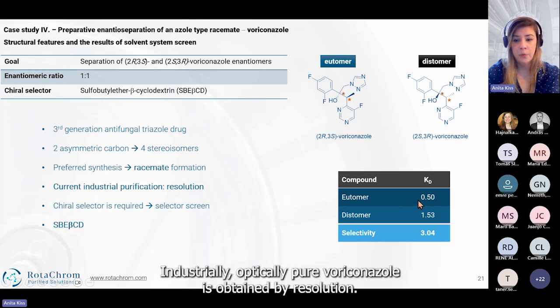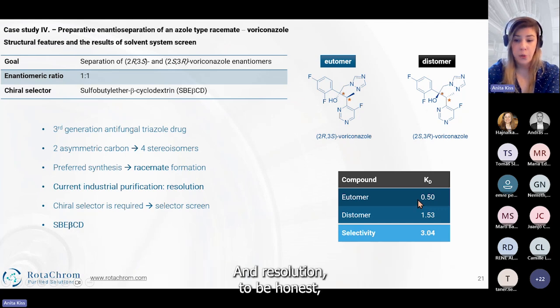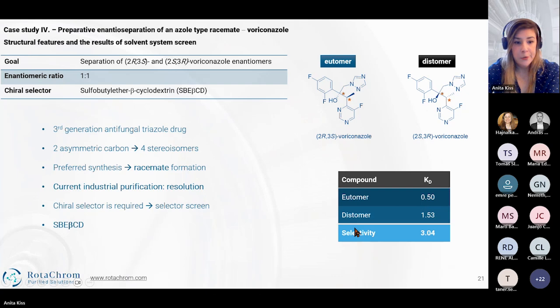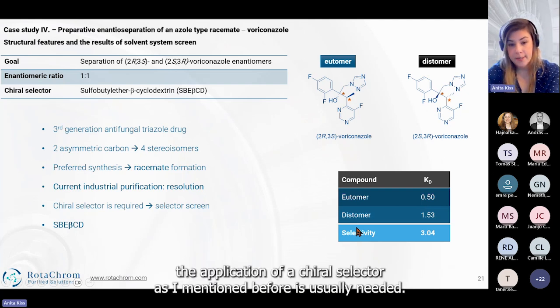Industrially, optically pure voriconazole is obtained by resolution, and resolution, to be honest, in most cases tends to be rather a witchcraft than actual preparative chemistry. For enantiomer separations, the application of a chiral selector, as I mentioned before, is usually needed.